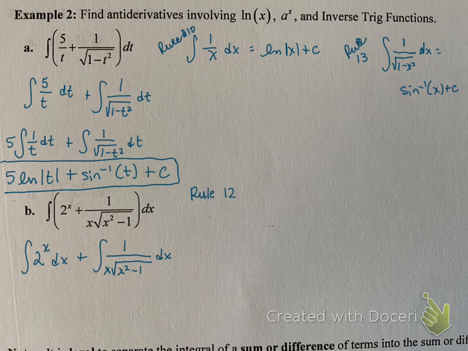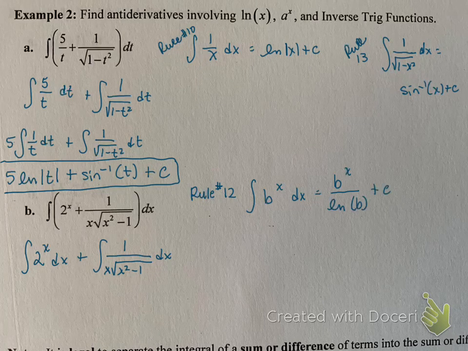I see I have rule number 12 that looks like the first bit. So the integration of base, which is a constant, like in this instance 2, raised to the x power dx, equals the base to that power over the natural log of b, and then plus c.